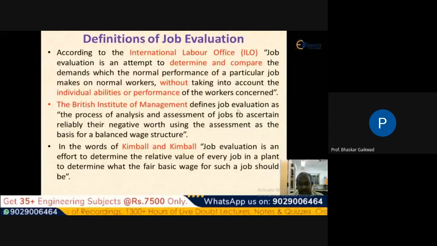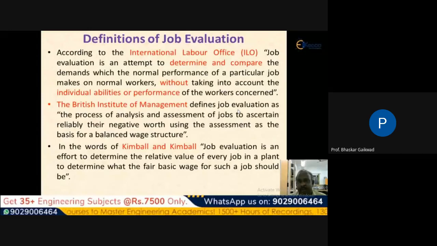Then Kimball and Kimball define job evaluation as an effort to determine the relative value of every job inside the plant, to determine the fair basic wage for which the job should be paid. It is going to compare the jobs. Suppose you have 10 jobs, they are compared relatively to each other, and I pay the wage accordingly.